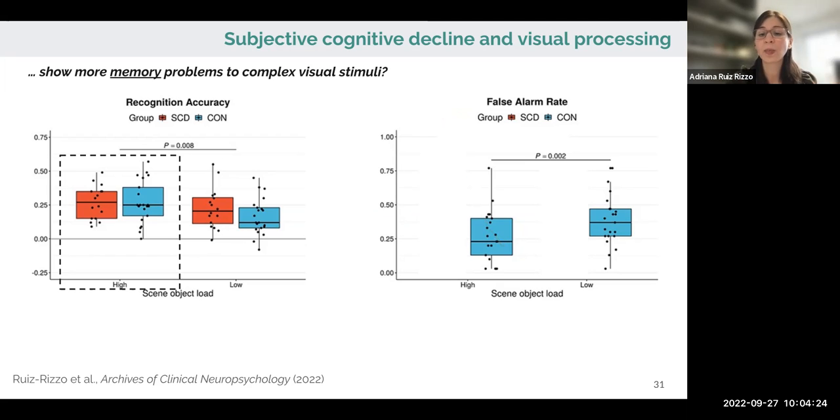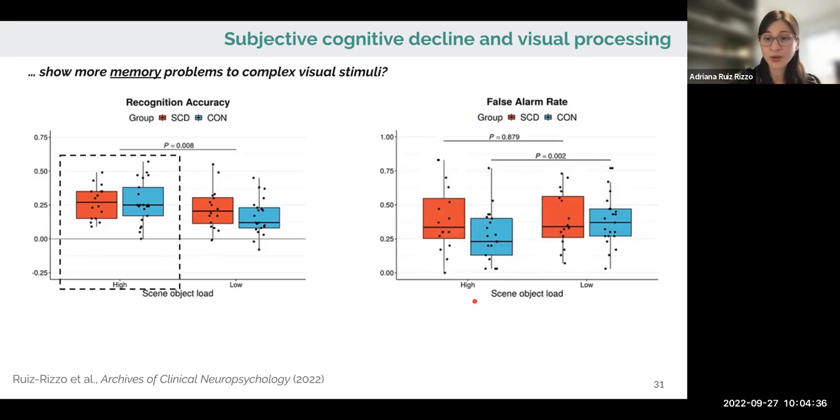The false alarm rate is when somebody says that a scene is old when in reality it's new. Older adults without subjective cognitive decline showed lower false alarm rates, so better performance, for high load scenes. In contrast, older adults with subjective cognitive decline did not show any difference, meaning that for them it didn't matter whether the scenes were high load or low load.